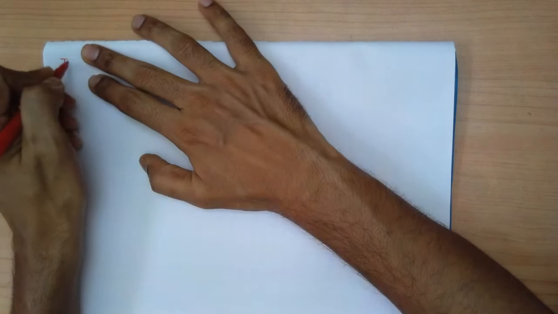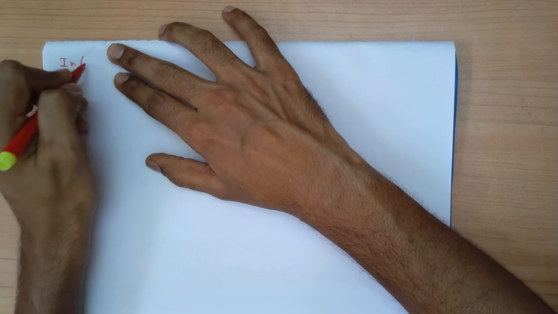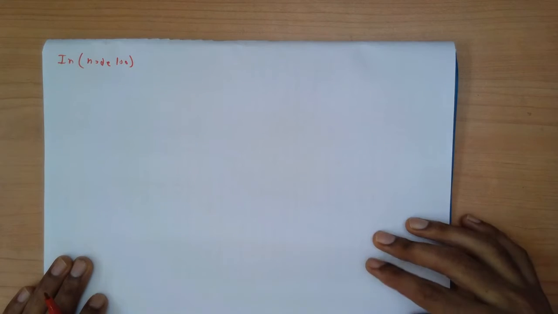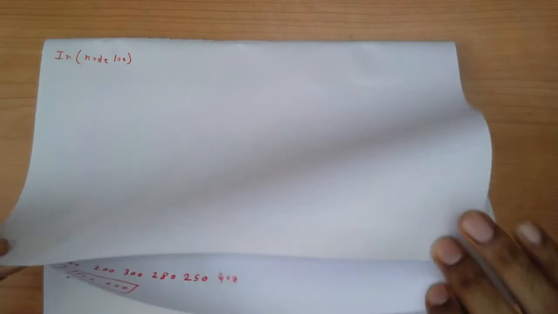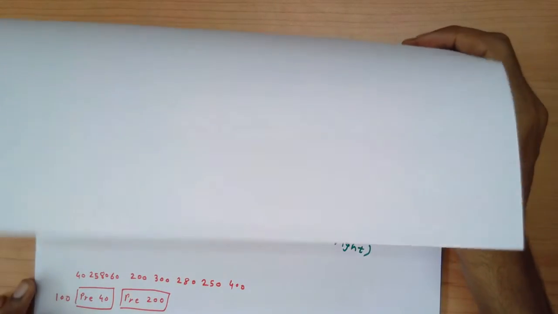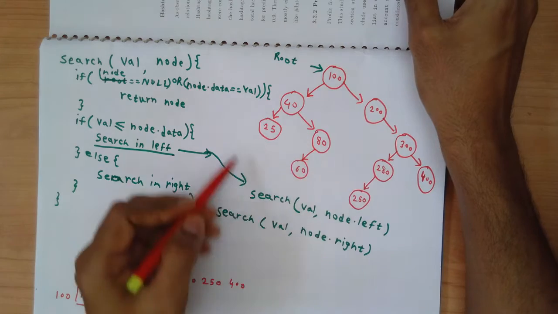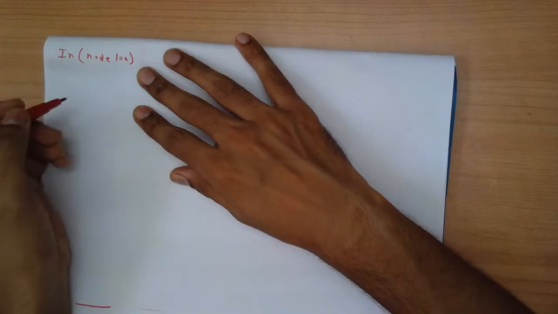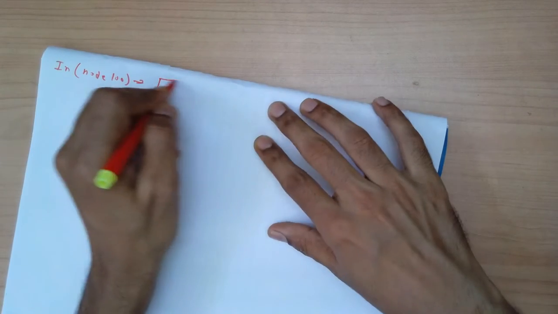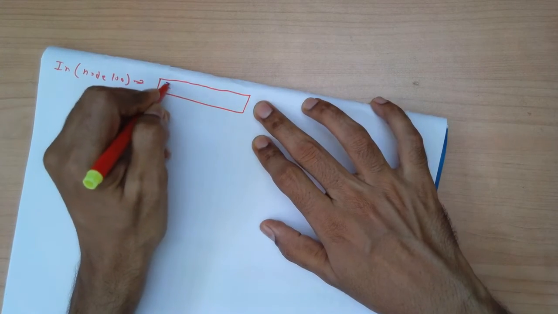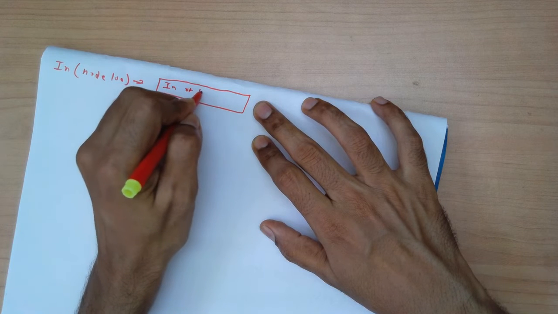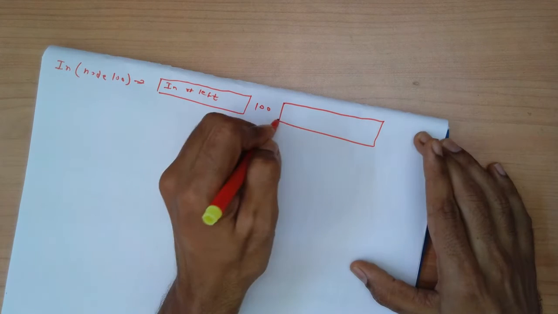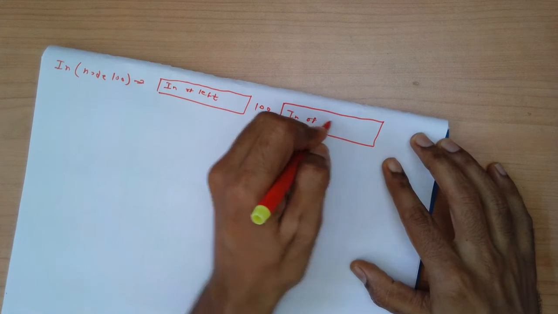I have to do in-order traversal starting from node 100. The result will be the in-order traversal of the left subtree, followed by 100, and then the in-order traversal of the right subtree.